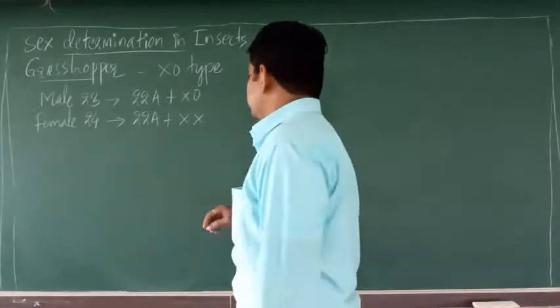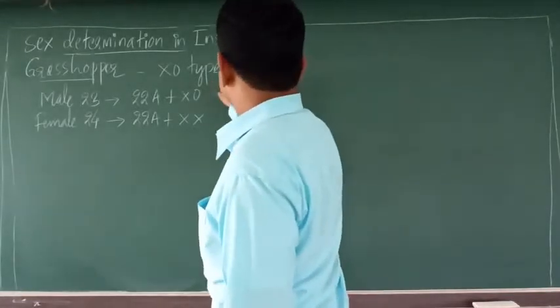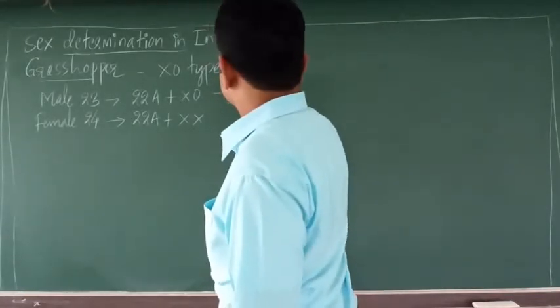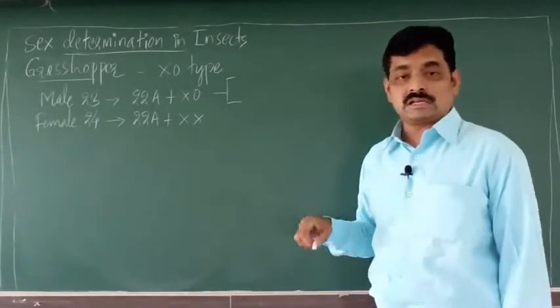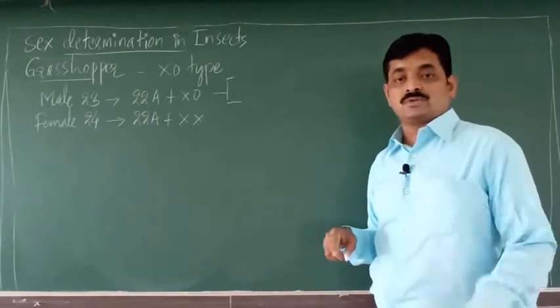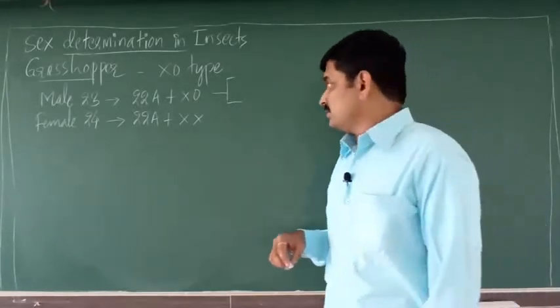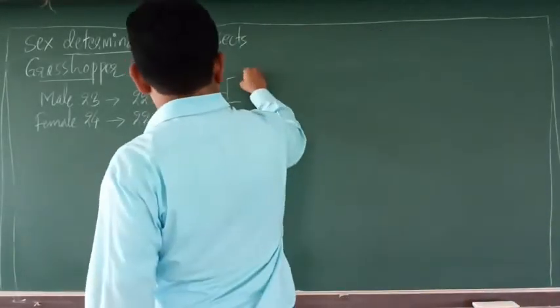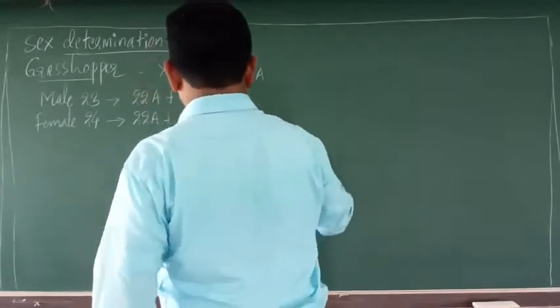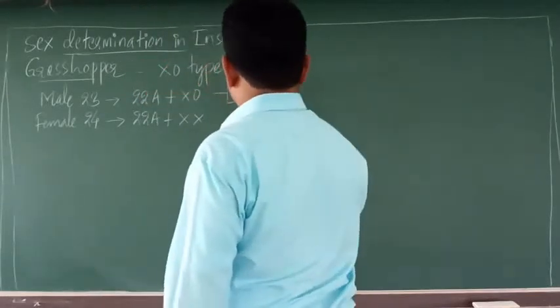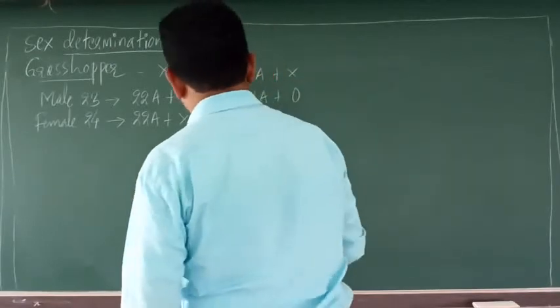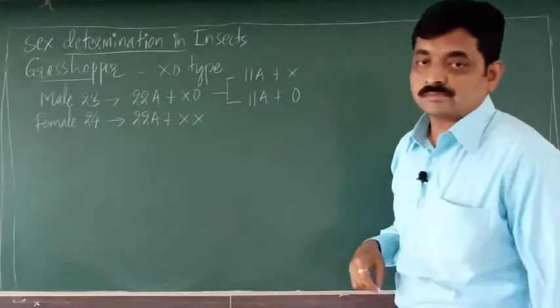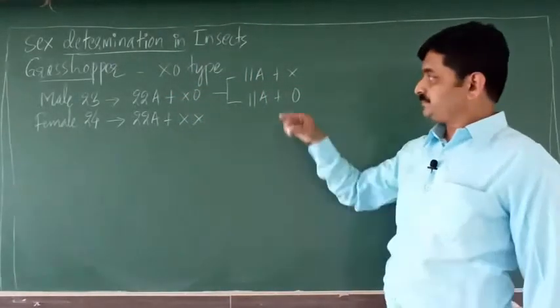Now here, the gametes. The male grasshoppers produce two types of sperms. So now it is 11A plus X, 11A plus 0, right?